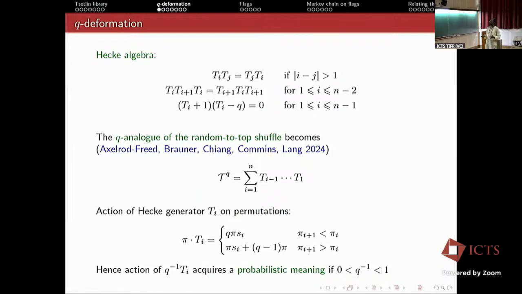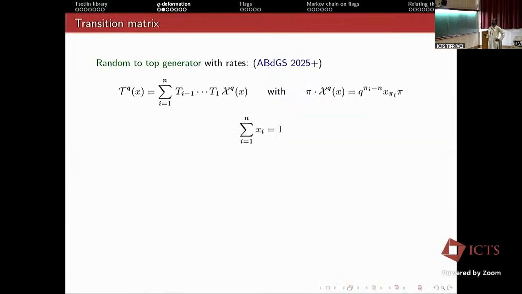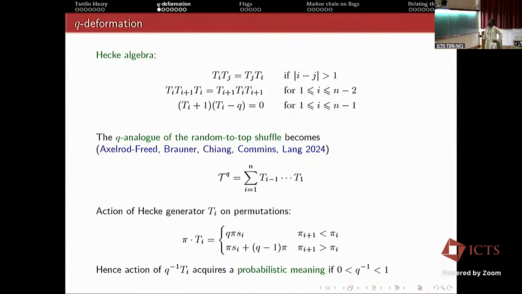Here, of course, q is going to be a parameter, but we'll change that point of view very soon. But we keep in mind that we need q inverse to be less than 1 because of our future interpretation. So this was their generator, this T_q.